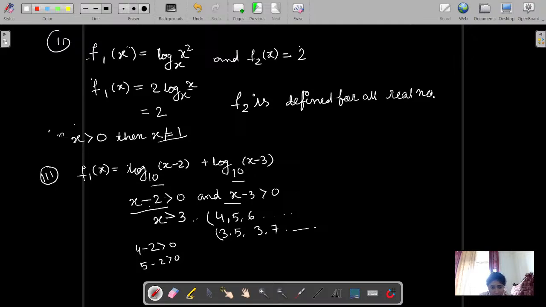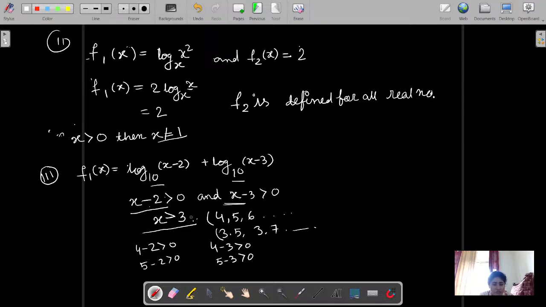And here also 4 minus 3, 5 minus 3, these are also greater than 0. 3.5 minus 2 gives 1.5, also greater than 0. That means without writing two conditions separately, we can write only one condition, that is x minus 3 greater than 0, or x greater than 3, right?